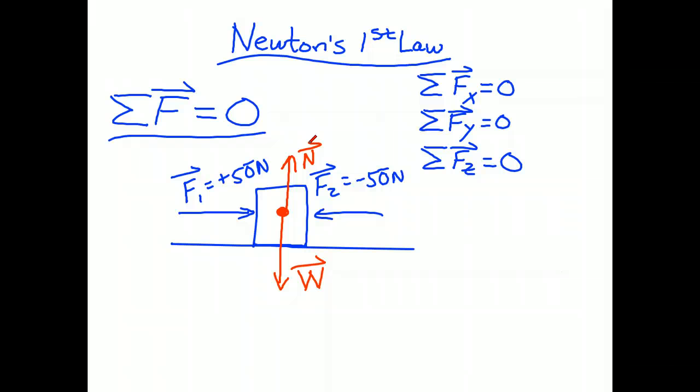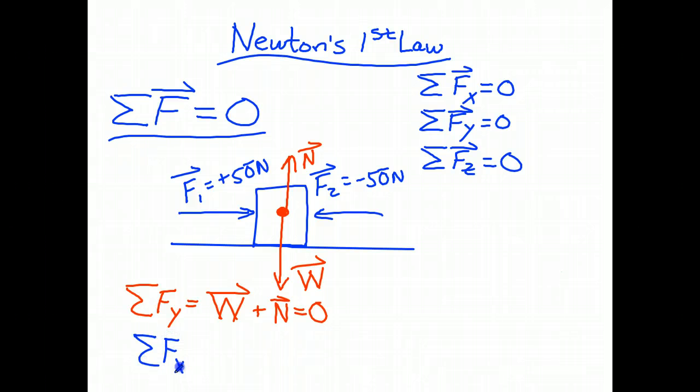And if you were to look at those two things, the weight, assuming they're the same, plus the normal would also equal 0. So we actually satisfy 2 of our equations. And that's a quick introduction to Newton's first law.